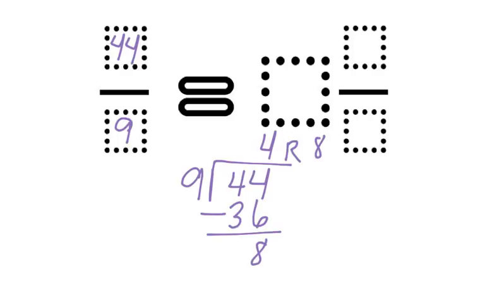All right. Hopefully when you did your division steps, you got 4 with a remainder of 8, which would mean that our answer is 4 and 8/9.